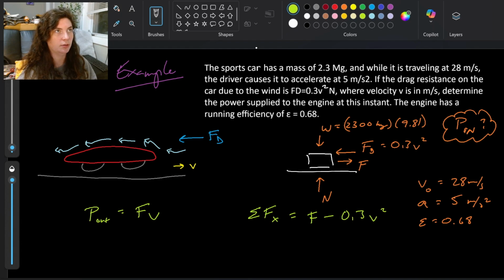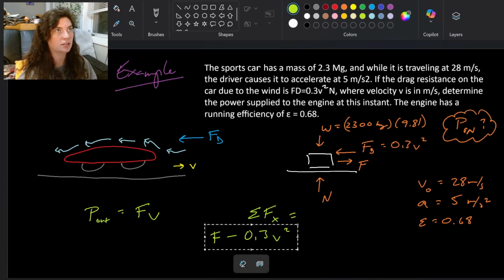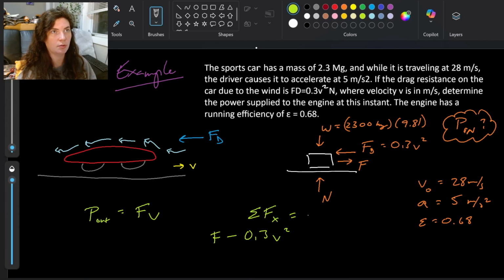Let me rewrite this. This is our Fx term. Really, our sum of Fx equals M times ax. So our sum of Fx, that's our F force from our diagram minus the drag force, since drag is pushing back on that car, equals the mass of the car, 2,300 kilograms, times the acceleration of the car.